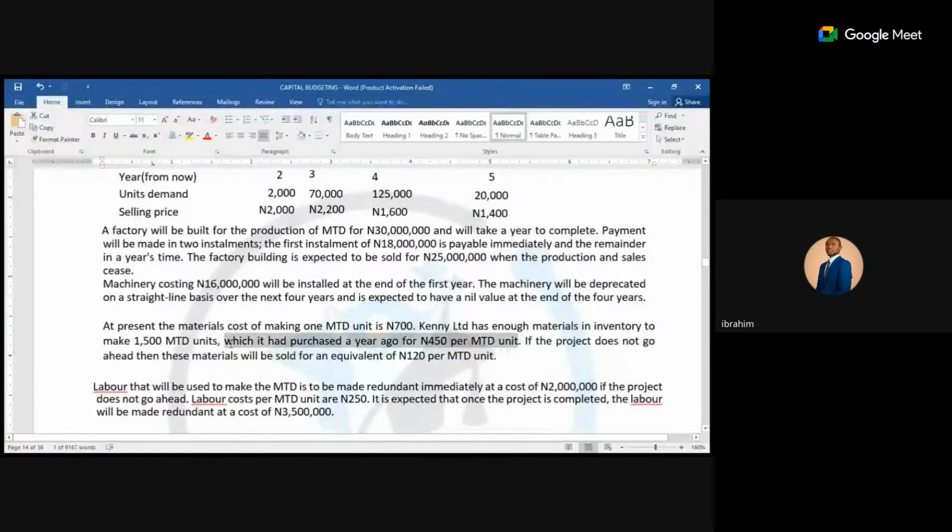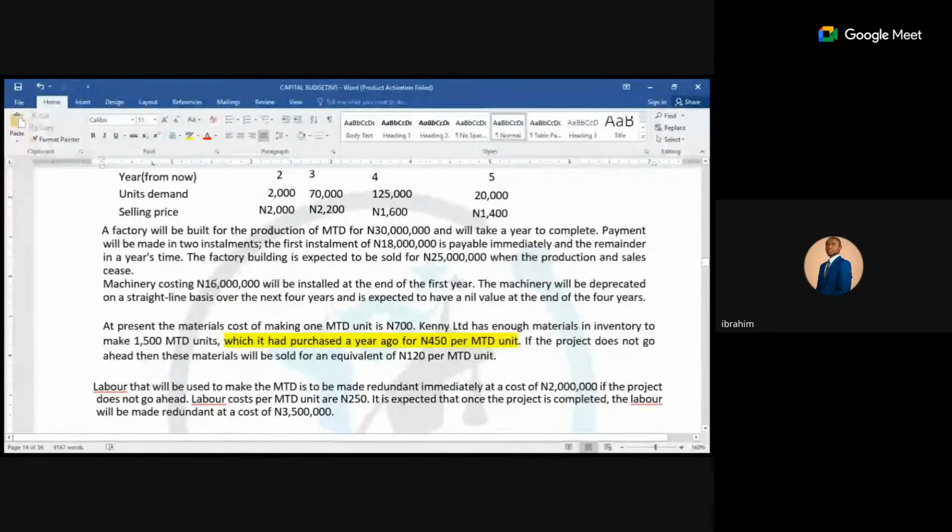This is a sunk cost. We don't need this. Now, if the project does not go ahead, then this material will be sold for an equivalent of 120 naira per MTD. Class, the first thing we need to establish here is that this is a sunk cost.